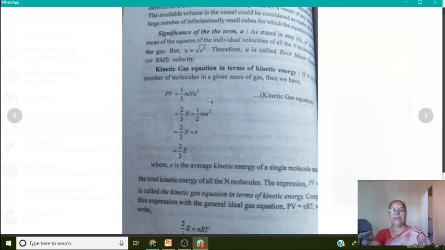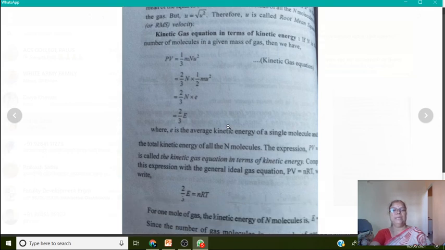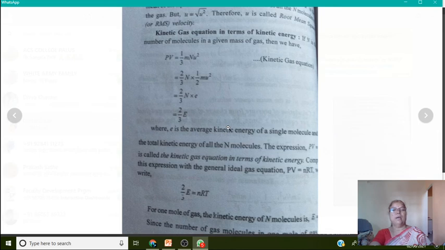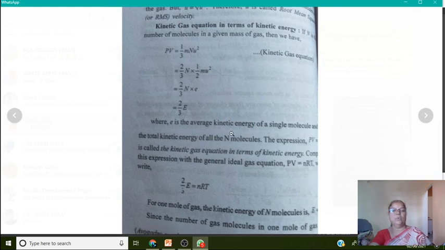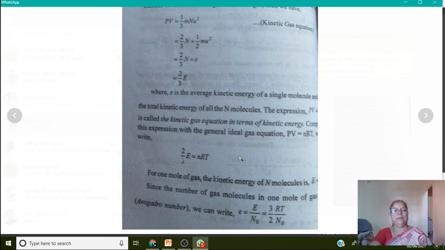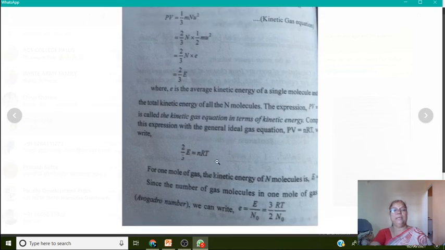Therefore, we can write PV is equal to 2/3 E, and comparing this expression with the general gas equation PV is equal to nRT, we can write 2/3 E is equal to nRT for 1 mole of gas.